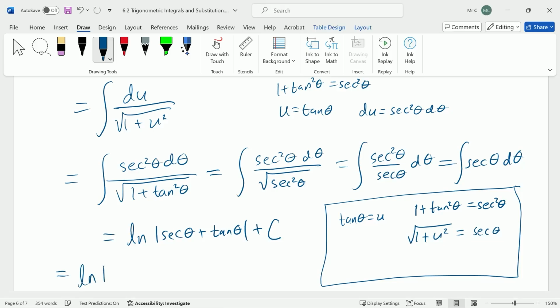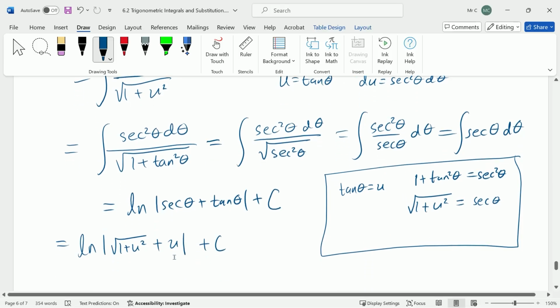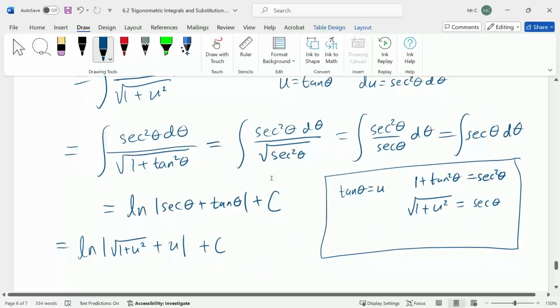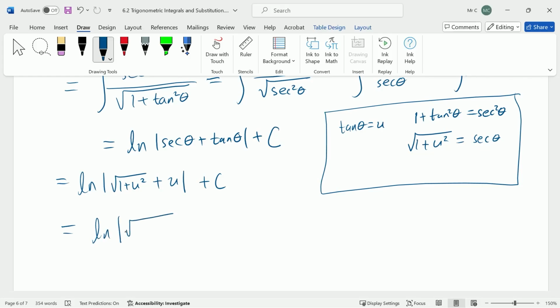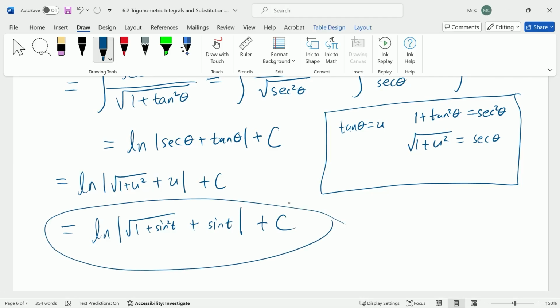So I don't have to draw out the whole triangle this time. And now, last step is just to plug u back in. So u was sine of t. And we're all done.